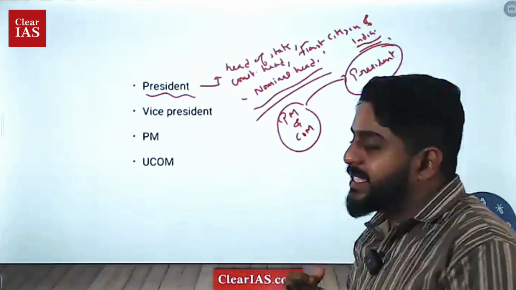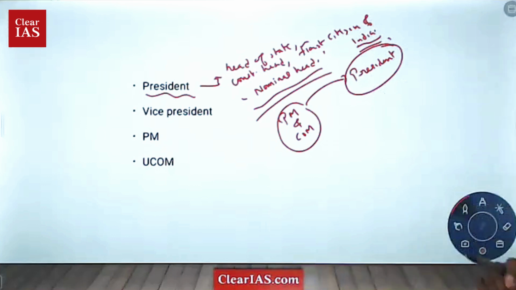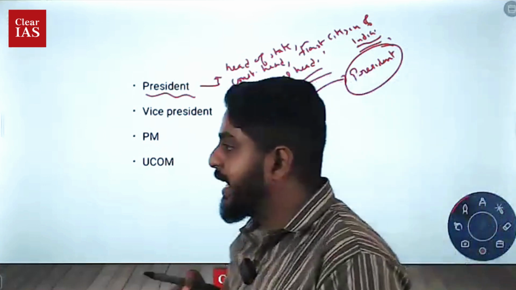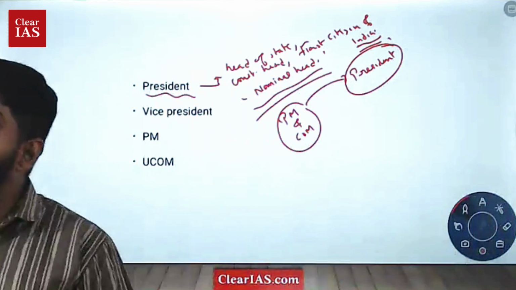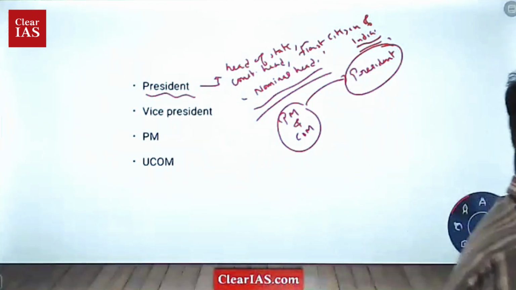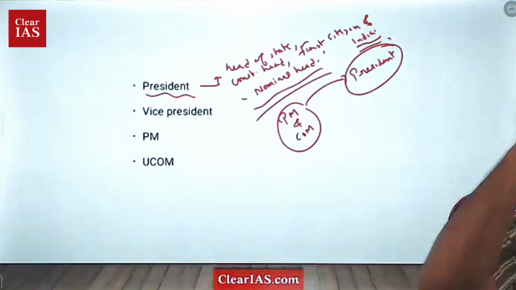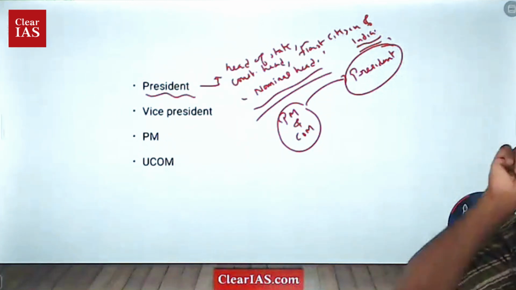So he does not possess individualistic powers. He will have to get the support and advice from the Prime Minister and the Council of Ministers, and only on that basis will the President of India perform his duty. So he is only a symbolic head.